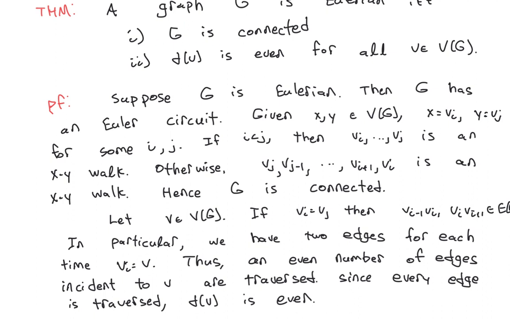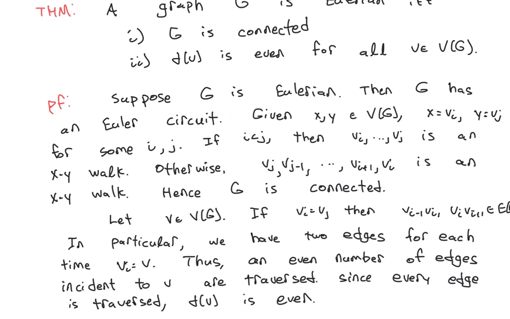Now we need to show that if the graph is Eulerian, then the degree of every vertex is even. So take a vertex, V. If V appears on our circuit as Vi, then we see that Vi-1 and Vi are adjacent, and Vi and Vi+1 are both adjacent, so we get two edges.